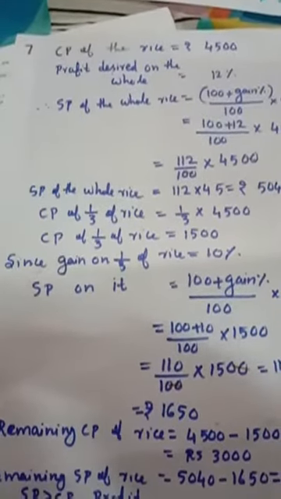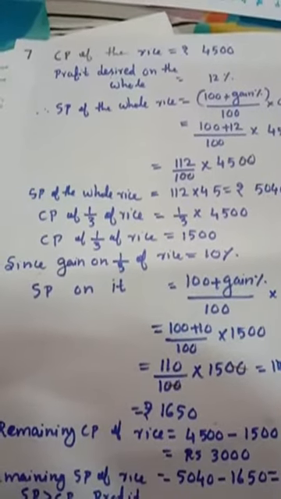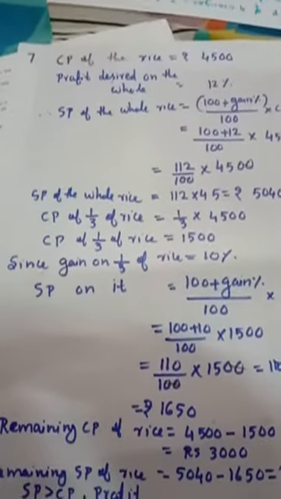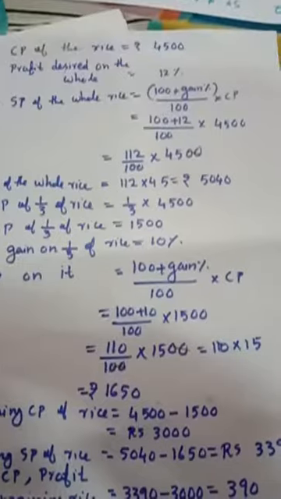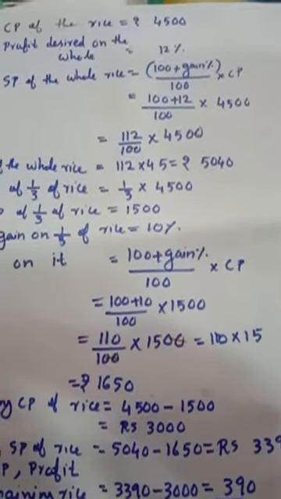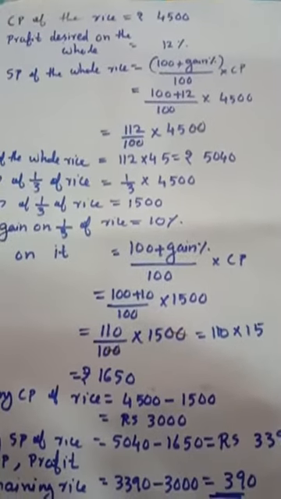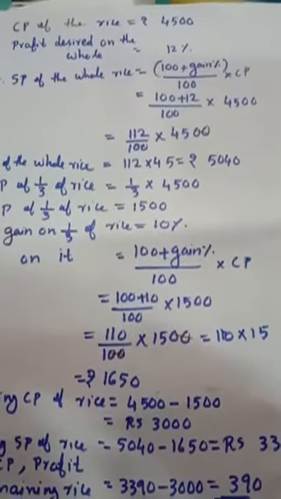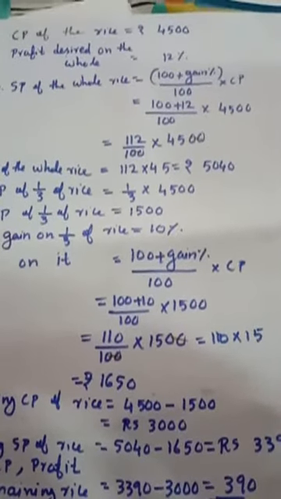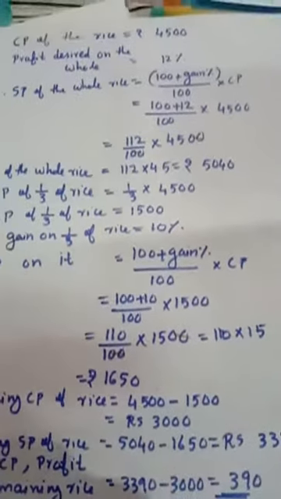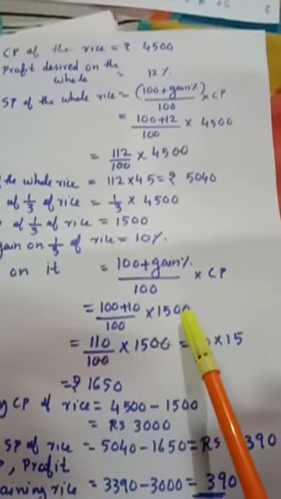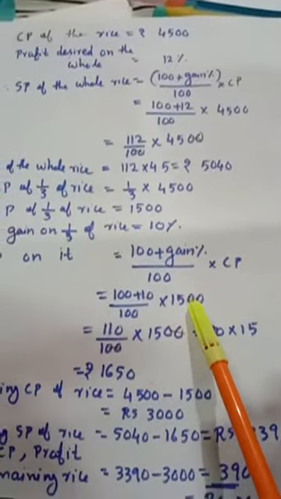SP of 1/3 of rice is equal to, there is a 10% profit there. So how to find it? (100 plus gain percentage) by 100 into CP. That is 100 plus 10 by 100 into 1,500, since we want to find only 1/3 of rice.